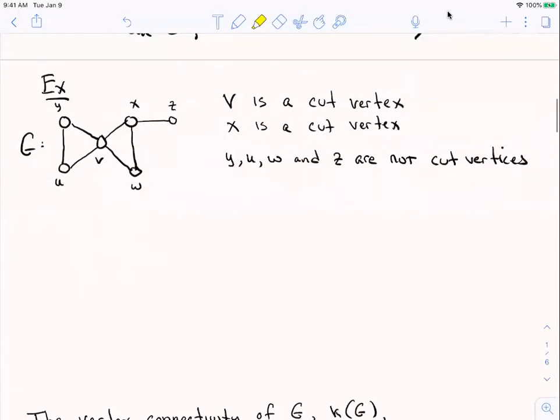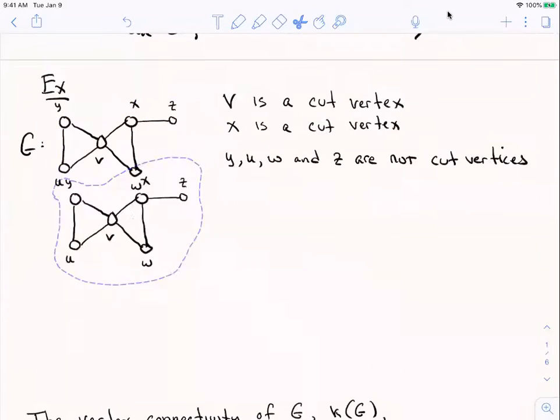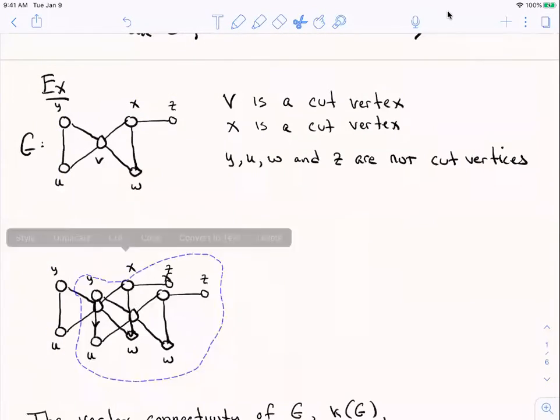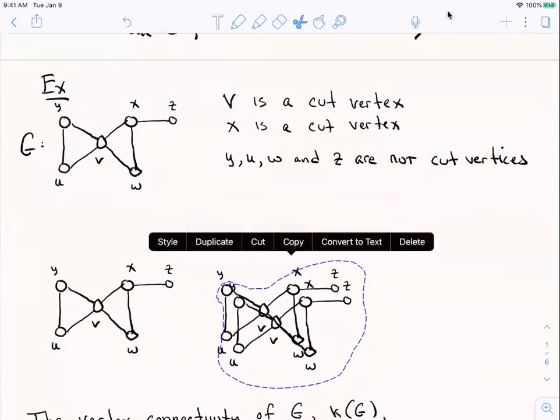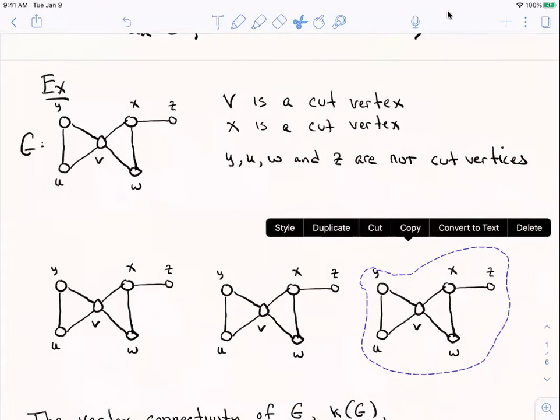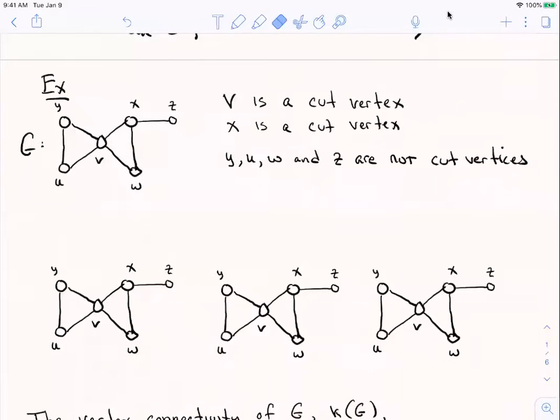Let's look at this example. I've got a nice little graph drawn here. You can already start thinking about some of its cut vertices. I just want to replicate it a couple of times so we can play around with it. So I'll give myself 3 copies of this graph. And then, well, it's written there that V is a cut vertex.